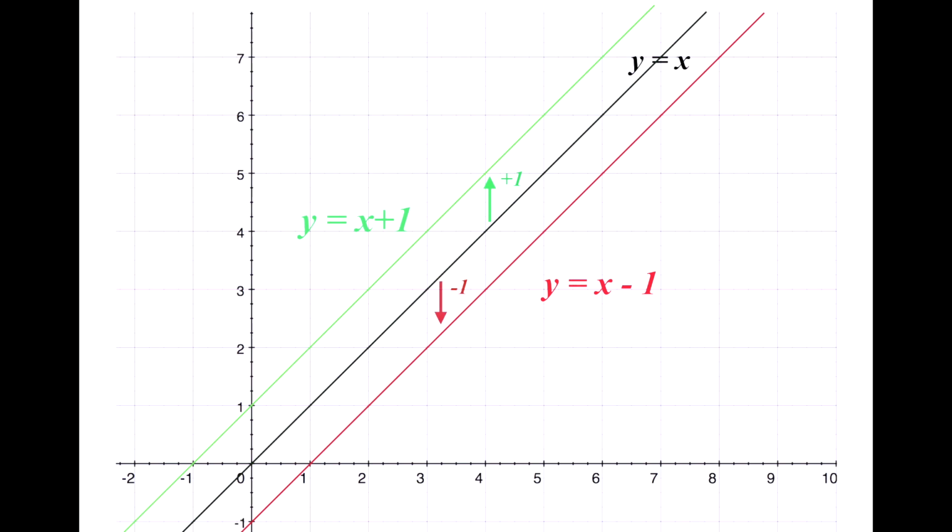We can notice that by subtracting 1, we actually move the line 1 space downward. So this is very interesting indeed. We learned that if we add 1, the line moves upwards, and if we subtract 1, the line moves downwards. So we see here that by adding or subtracting a number, we can actually make the line move.